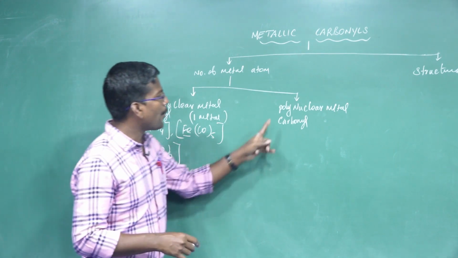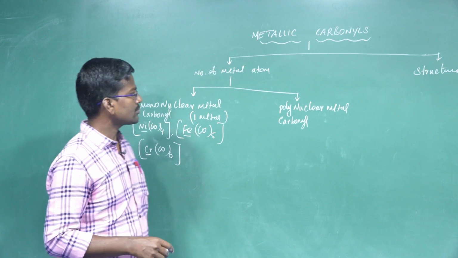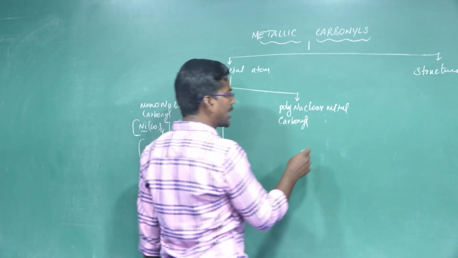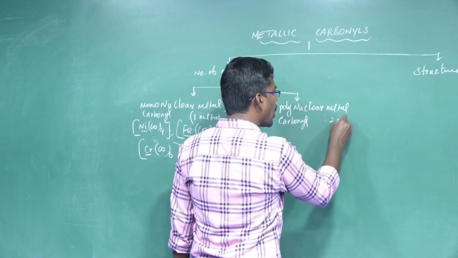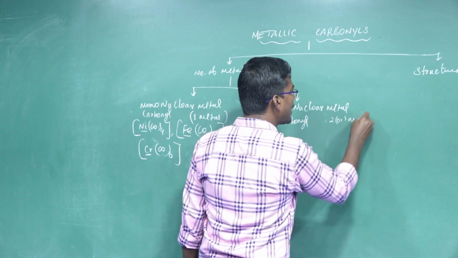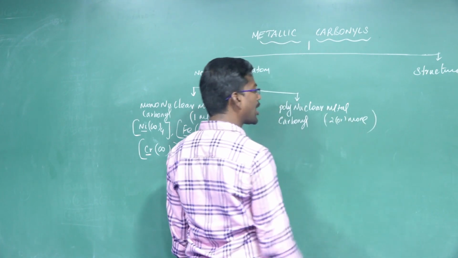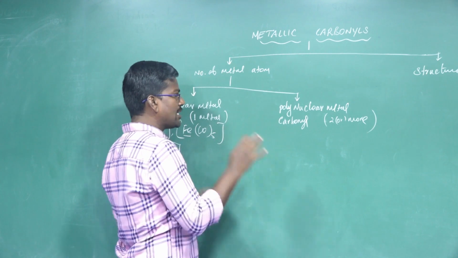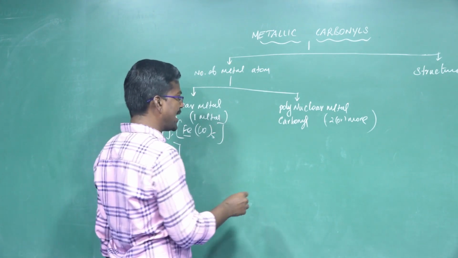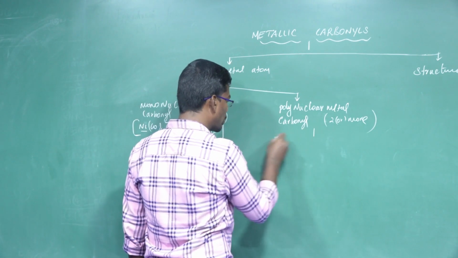Next one, polynuclear metal carbonyl. The polynuclear metal carbonyl contains two or more metal atoms per molecule. Polynuclear metal carbonyls may be classified into two types.